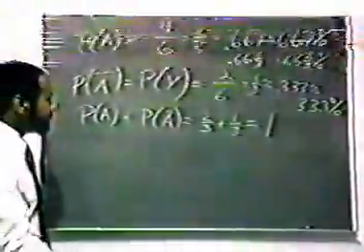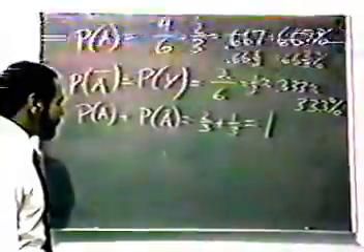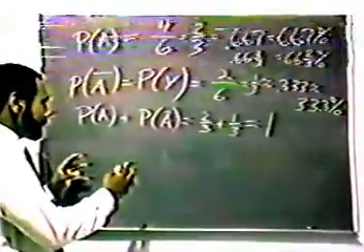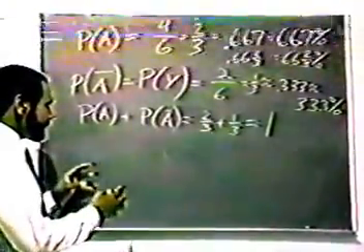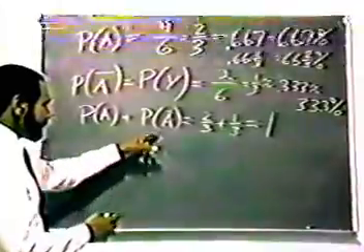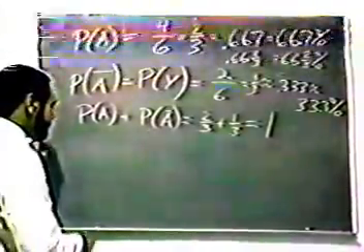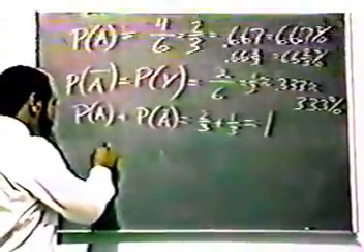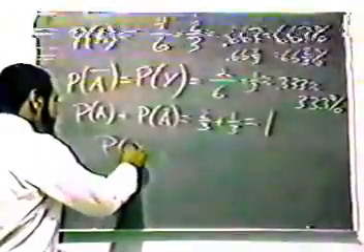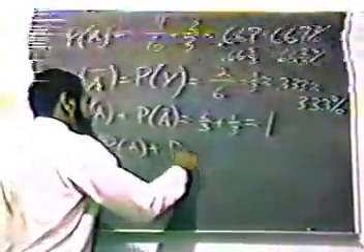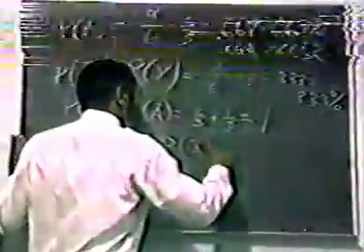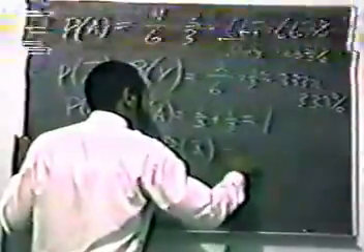So now we can have some formulas representing the relationship between the probability of an event and the probability of the complement of that event. For example, a formula we can have is that the probability of A plus the probability of the complement of A equals 1.